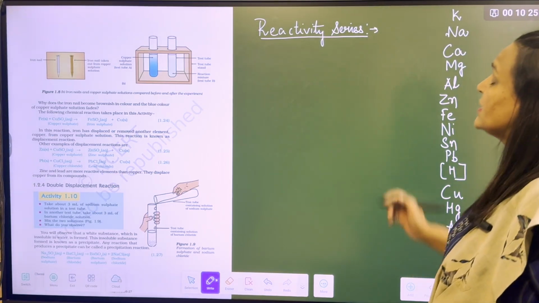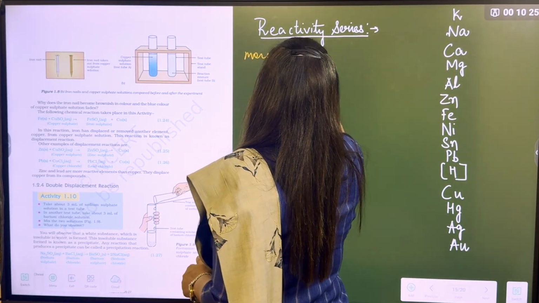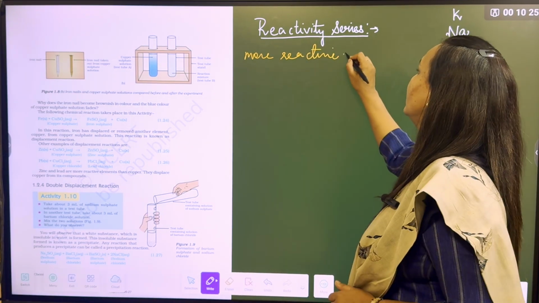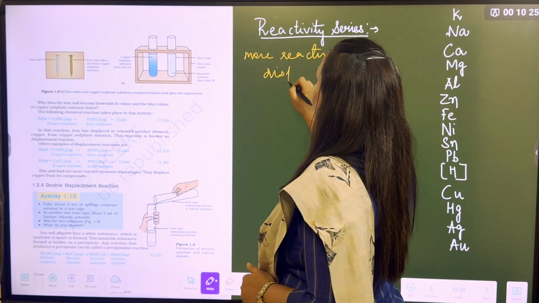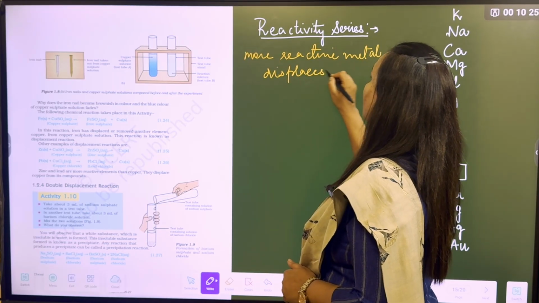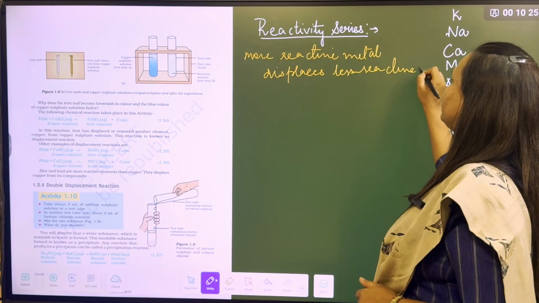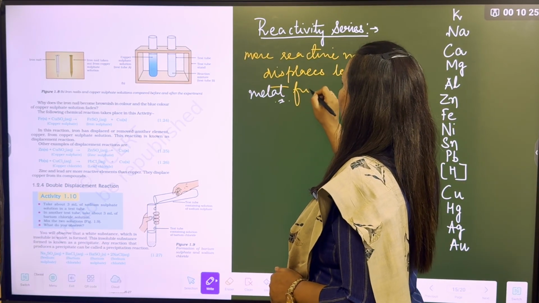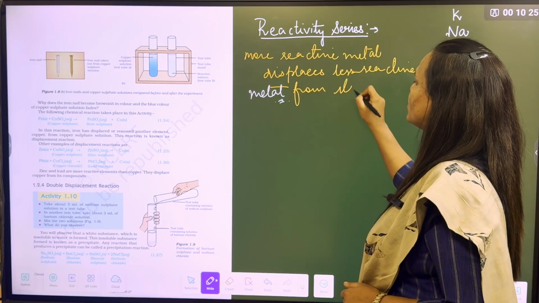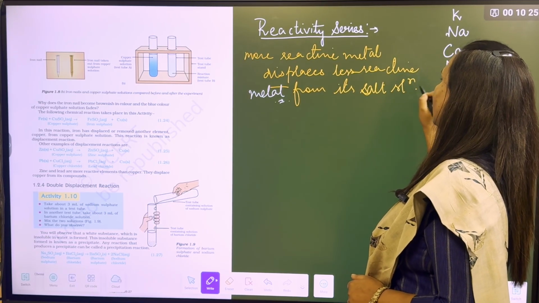Displacement reaction means when a more reactive metal displaces a less reactive metal from its salt solution. What does it mean?